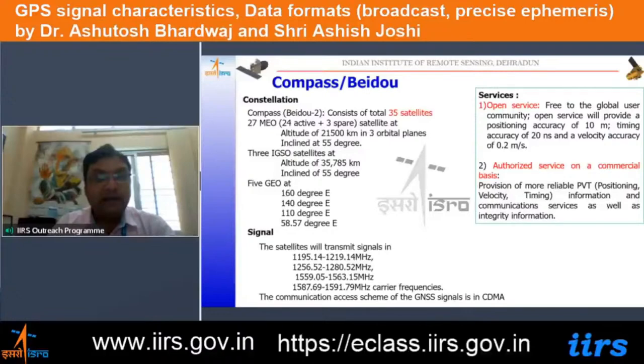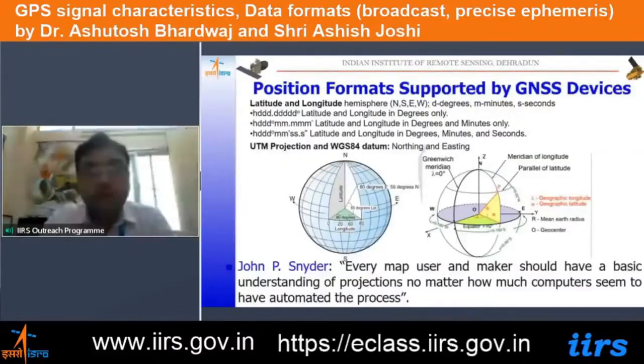From testing to today, they have almost 50 satellites, and now they have a large number of operations. They are able to provide open service with an accuracy of 10 meter, timing with an accuracy of 20 nanosecond, and velocity at an accuracy of 2 centimeter per second. It is also providing service to general users, commercial services, and restricted users.